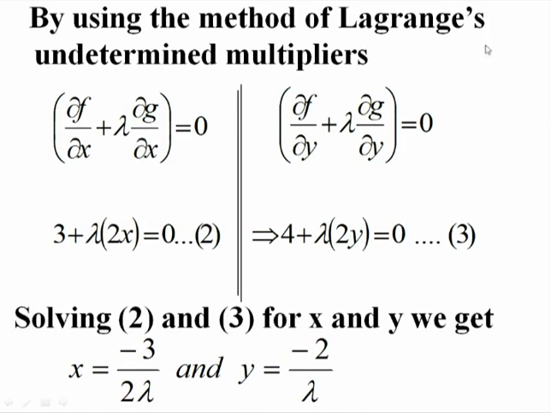By using the method of Lagrange's undetermined multiplier, we get two conditions: ∂f/∂x plus lambda into ∂g/∂x is equal to 0, and ∂f/∂y plus lambda into ∂g/∂y is equal to 0.